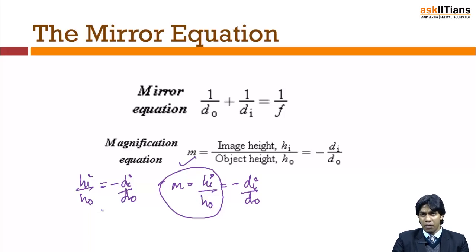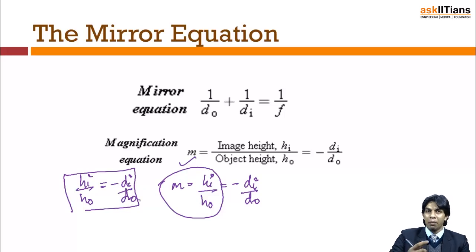So it's just a mathematical relation which is very useful in a situation where we don't have any idea, or we have a limitation to measure the object or the image height. In that case, we work it out using the image and the object distance.